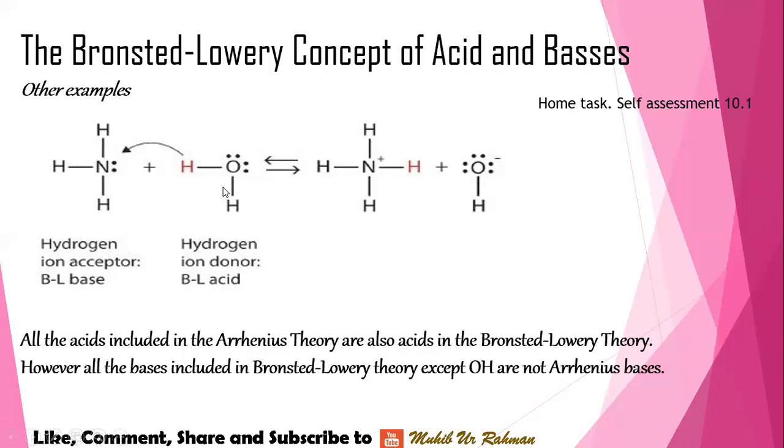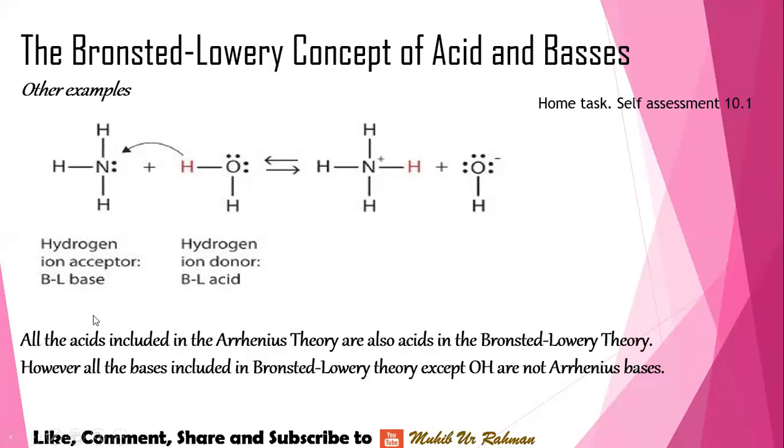H2O on the left side has two protons, and on the right side hydroxyl ion has only one proton, which means that H2O has lost its proton. So NH3 here acts as a base and H2O acts as an acid. The substance that accepts a proton acts as a base, and the substance that donates a proton acts as an acid. So here ammonia is a base and water acts as an acid.